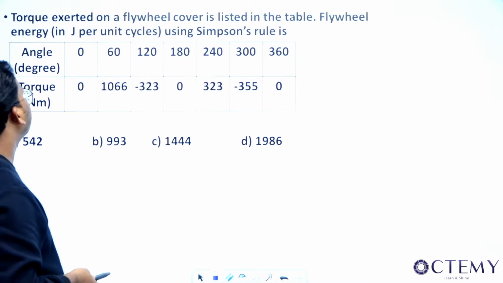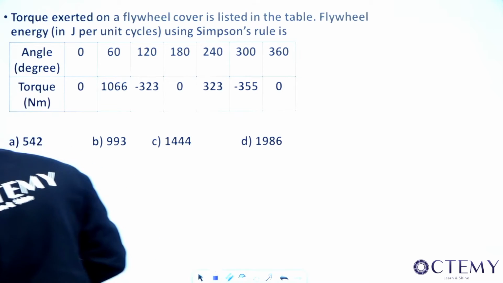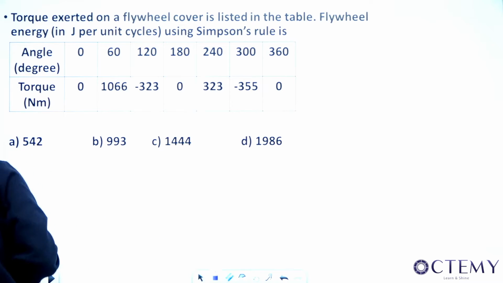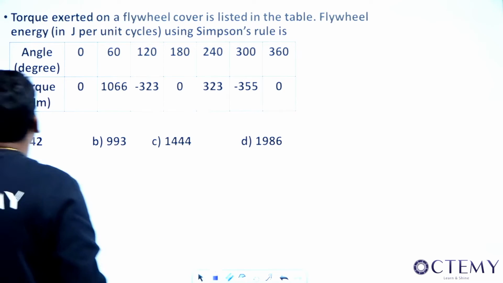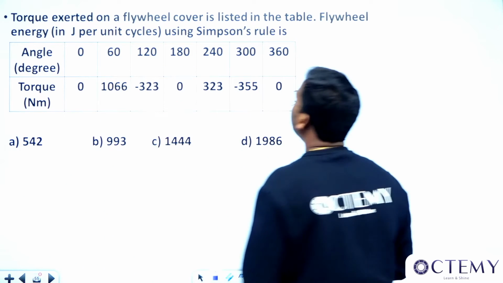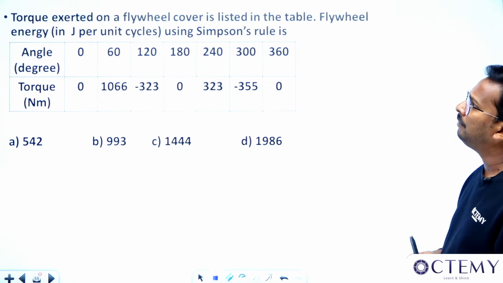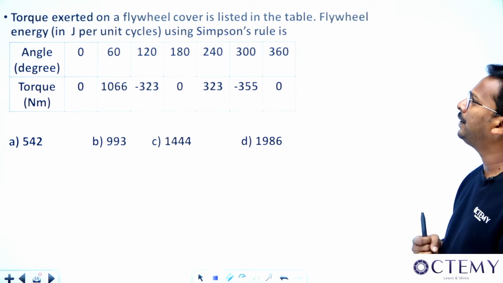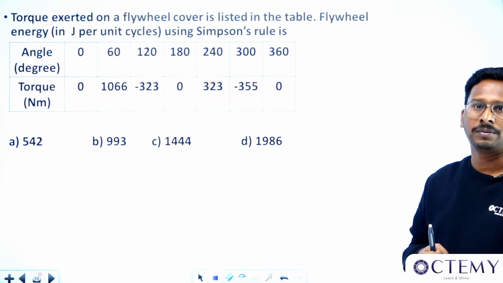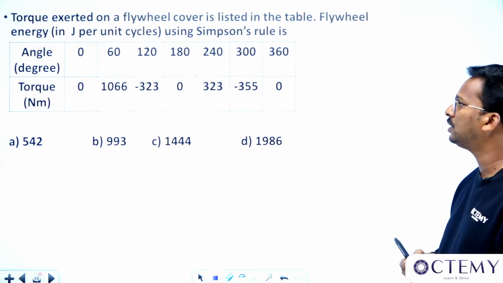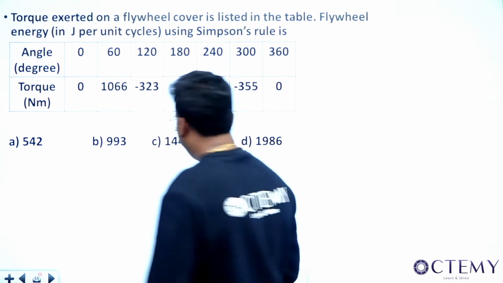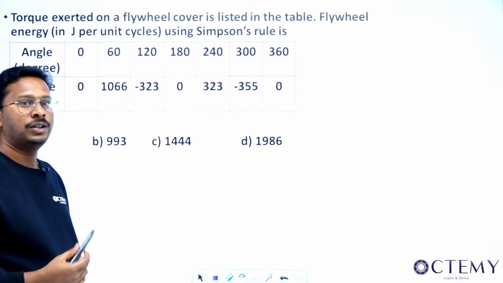See what he is asking in the next question. The next question is saying the torque exerted on a flywheel is listed in the table. Find the flywheel energy in joules per unit cycle using Simpson's rule. He is telling you to find it using Simpson's rule. Now, this is a basic mechanical formula, sir.